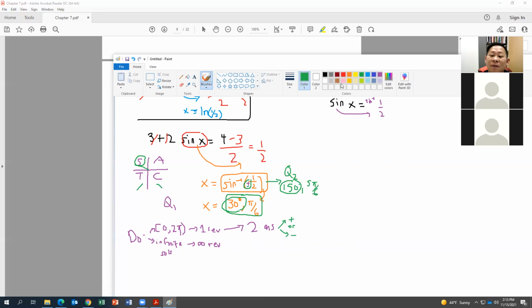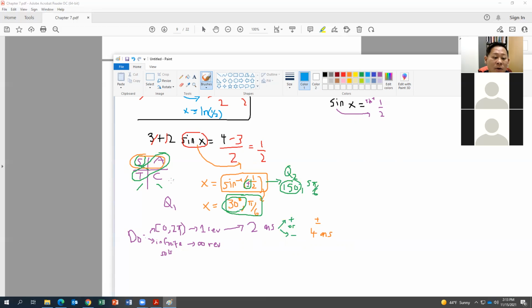But what happens if you have both plus and minus? Then you will have all four quadrants, all four answers. So be careful with which quadrant it belongs to. Positive for sine belongs only to quadrant 1 and quadrant 2. For tangent, positive only works for quadrant 1 and quadrant 3.